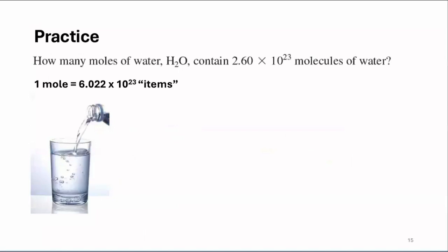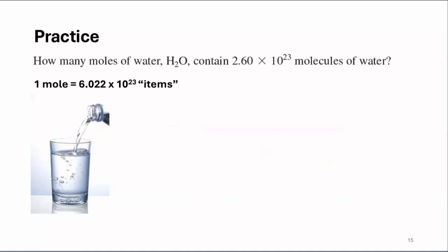Let's just do another example in which now we start with molecules, but we need to find moles. In this problem, it reads, how many moles of water, H2O, contain 2.60 times 10 to the 23rd molecules of water?